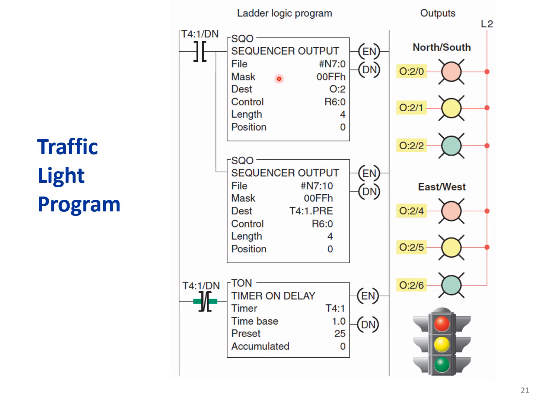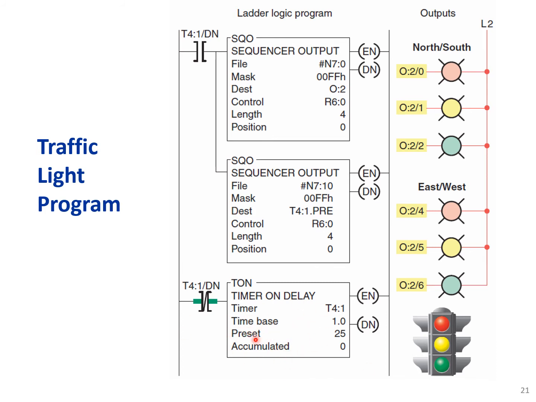then it will trigger this sequence file, this sequencer output file, and the second one. And by triggering, we are first changing the preset time value of the timer. So on each trigger, we are moving through the sequence table. Okay, so we are changing the sequence.